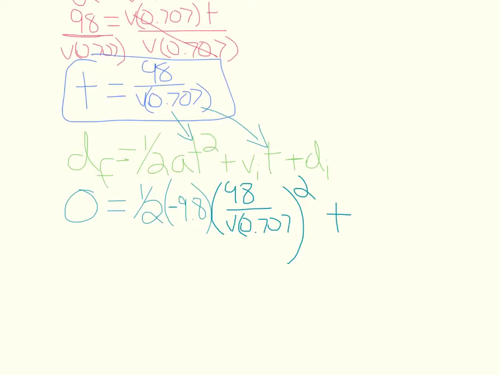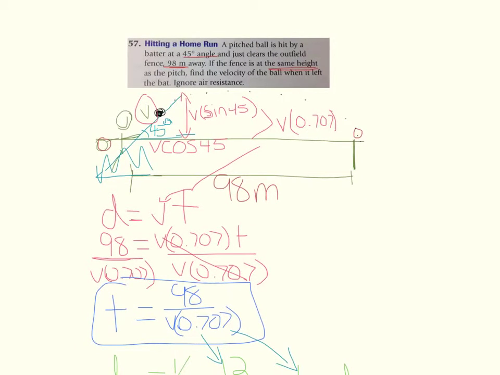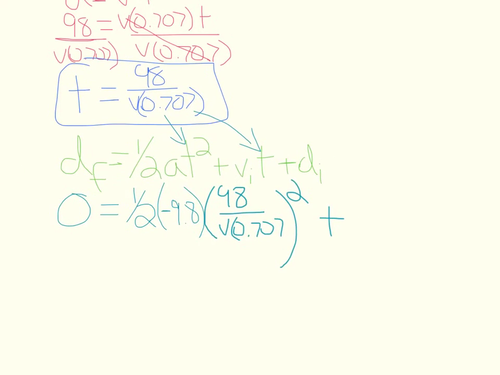The initial velocity, as I forgot to mention before, is going to be this value right here, because that is the initial vertical velocity. So we're going to plug this value in for the initial velocity.